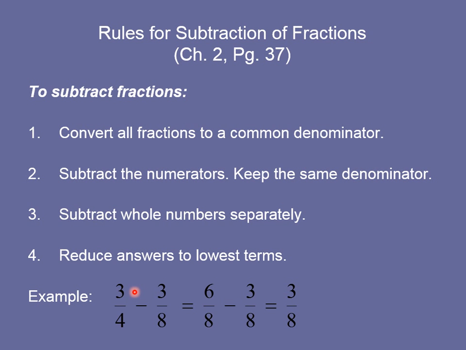You have to multiply the denominator and numerator both by the same number. If I do that, this becomes 6 over 8, and I only subtract the numerators, the second numerator from the first one, which makes it 3 over 8, because the denominator remains the same in both addition and subtraction.